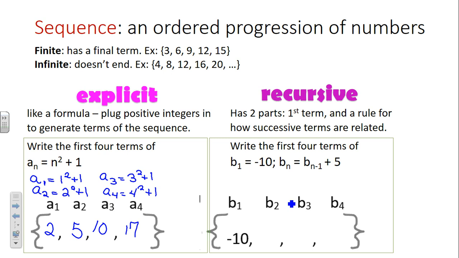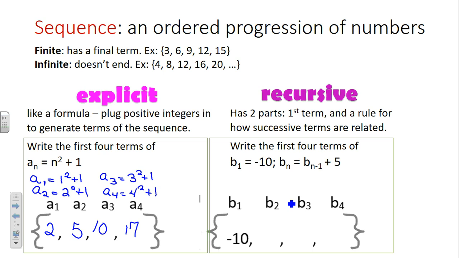But then the second thing we have to do is actually substitute a value of a term in to find out the final answer. So when we're looking at this recursive formula, we don't have to generate the first term because it told us what it is. That first term is -10. So if I'm asking you to find the first 4 terms of this, you already know one of them. You only have to find 3 others.